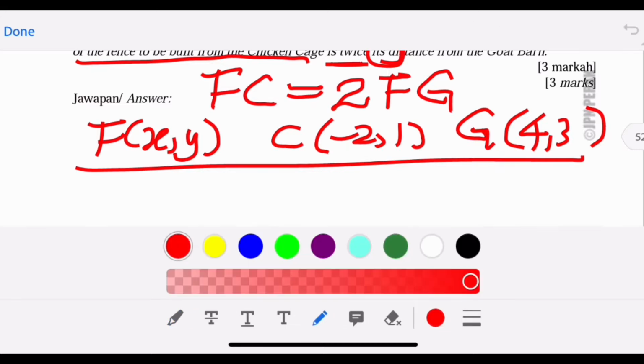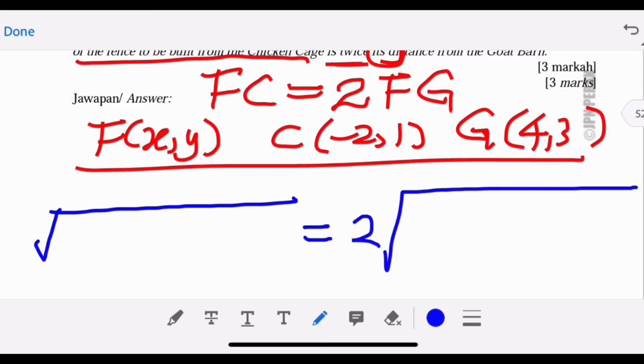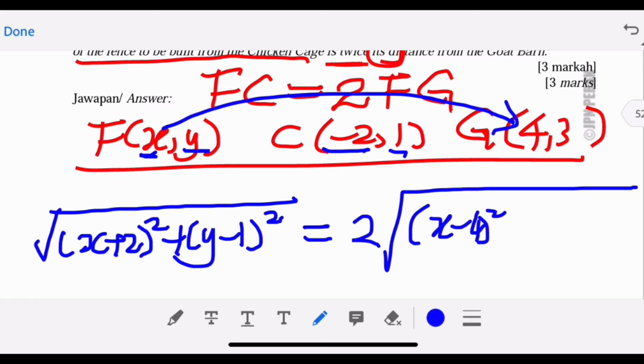Please follow the steps. We know that the distance formula always comes with a square root like this, right? Now we are going to substitute carefully. Always use the x minus, and minus becomes positive, right? The formula for distance is x1 minus x2, y1 minus y2, so y minus 1 square. Then here will be x minus 4 square plus y minus 3 square.